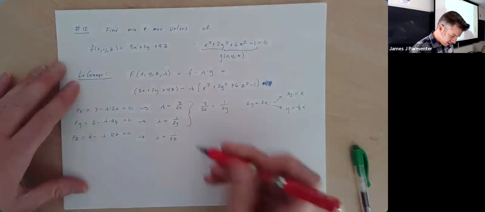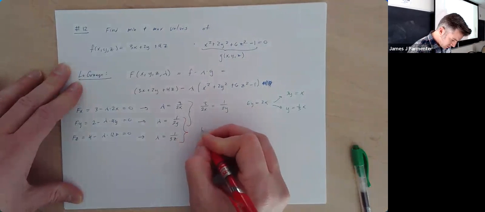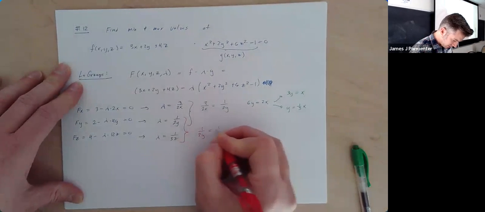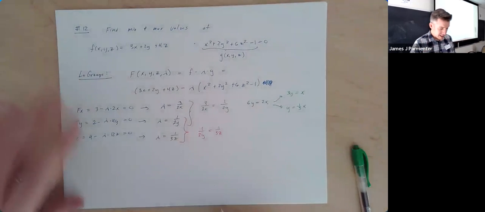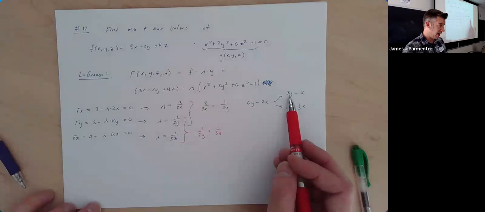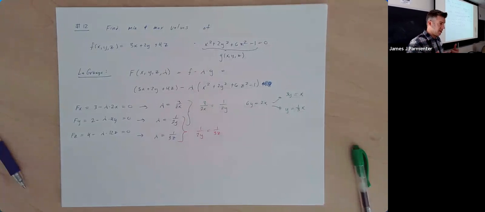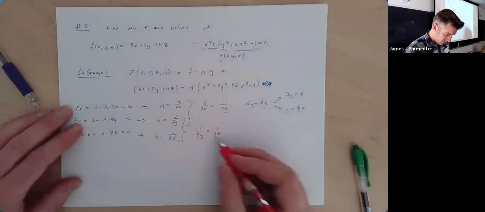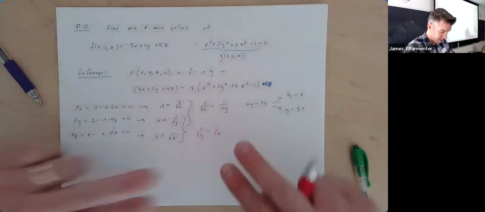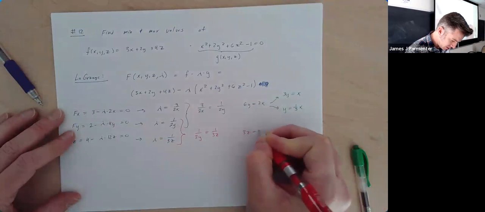So if I then use these two equations, set them equal to each other, 1 over 2y equals 1 over 3z, I can see that I'm either going to get z in terms of y or y in terms of z. And since I already have x in terms of y, I'm going to want z in terms of y, so that I can rewrite my constraint with just y's in it. So cross multiplying here, or just flipping both sides over if you like, 3z equals 2y.